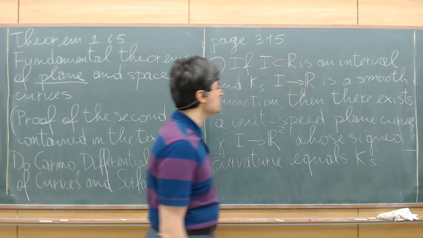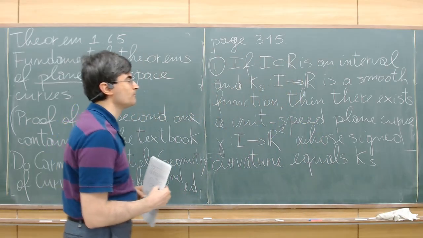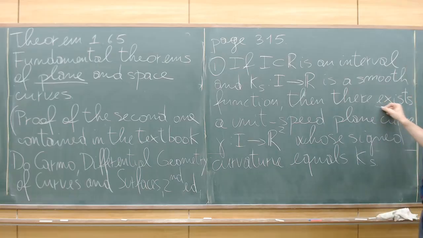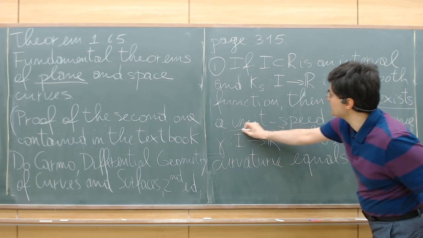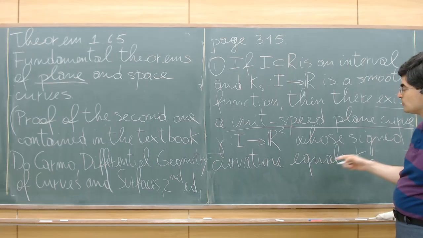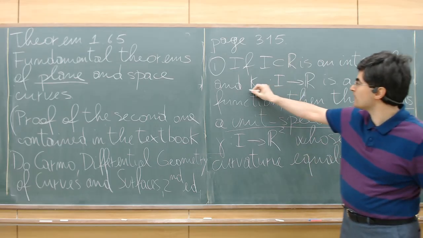So this is the first part of the theorem, which is about the existence of a unit speed plane curve whose sign curvature is exactly this function here.